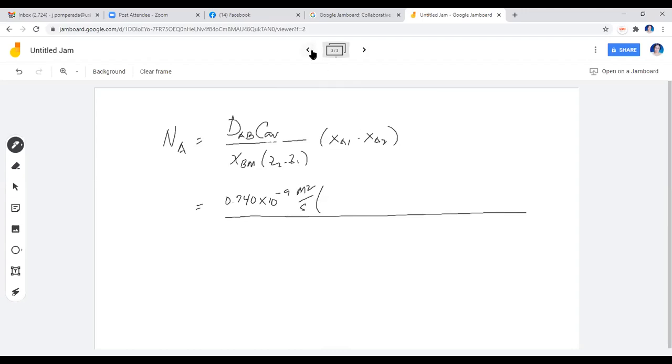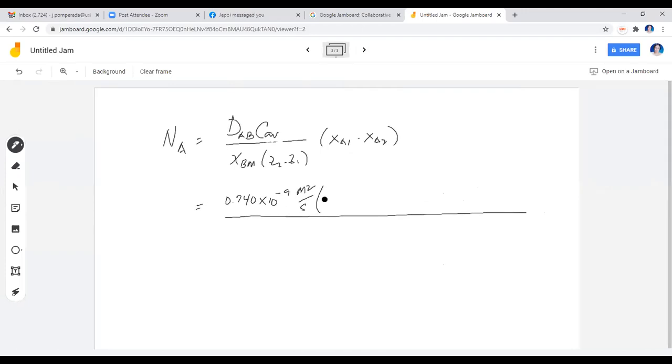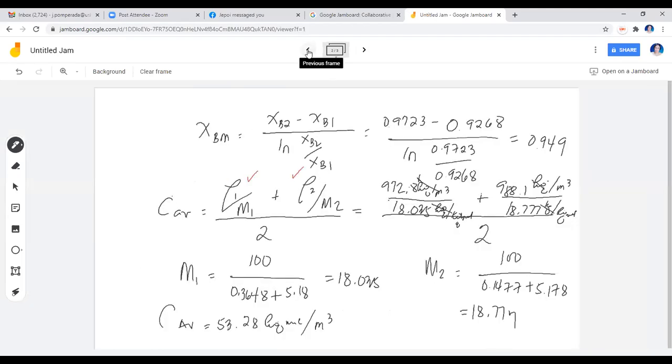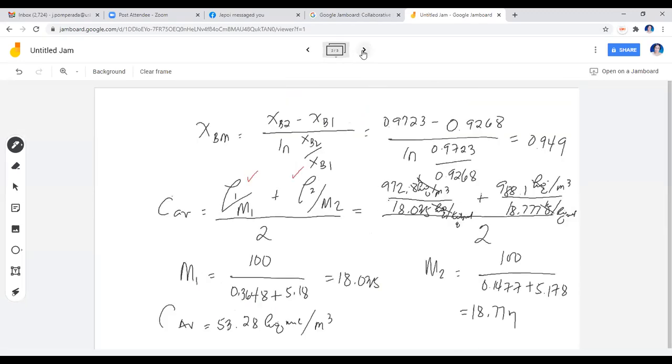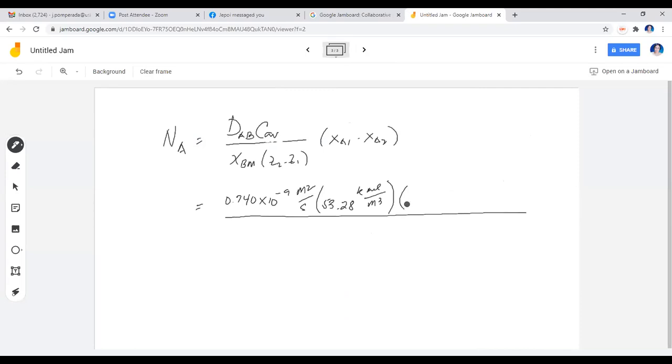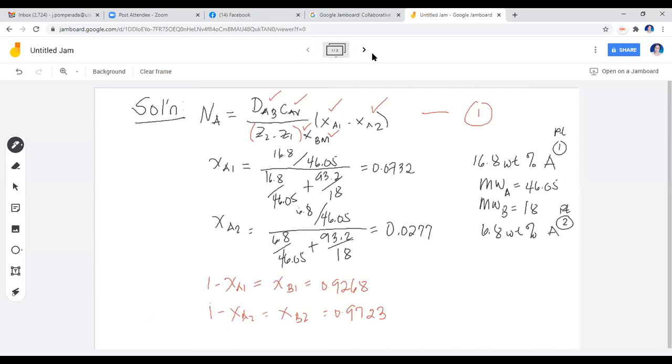The CAV that we got a while ago is 53.28. So this is kilomole per cubic meter. Then we'll just as well place in here the XA1 and the XA2. 0.0732 minus 0.277.